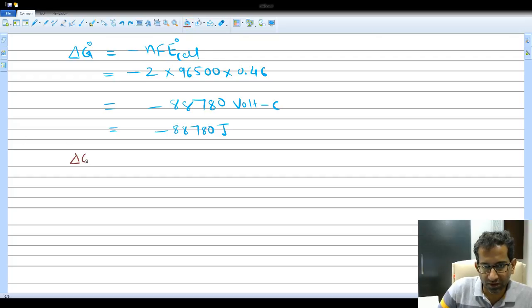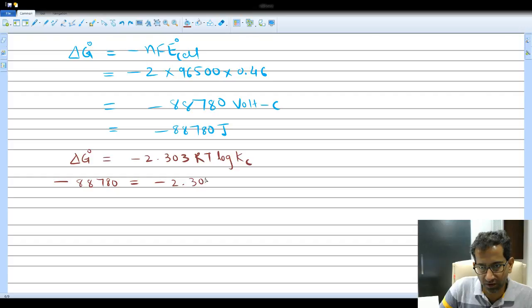Now delta G0 equals minus 2.303 RT log Kc. In this also it will be Kc, right? Now minus 88780 equals minus 2.303 into 8.314, and temperature is 298 Kelvin, log Kc.